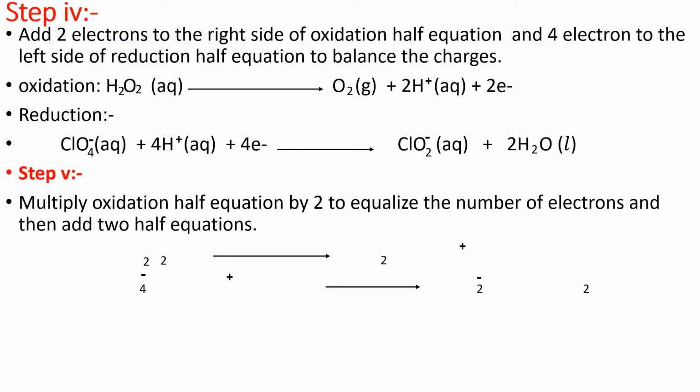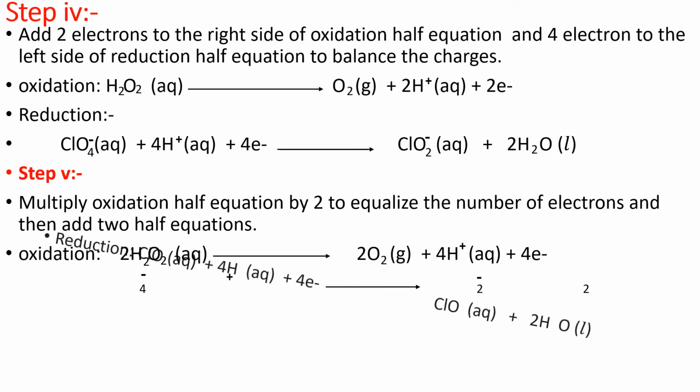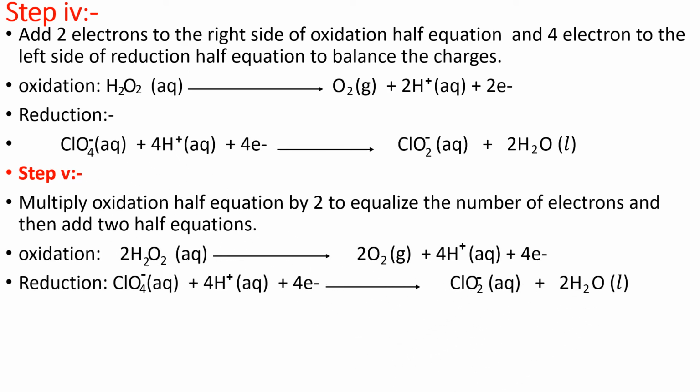Okay, then step number 5. Multiply the oxidation half equation by 2 to equalize the number of electrons, and then add the two half equations. Multiply the oxidation half equation by 2, that is, twice H2O2 gives twice O2, and 2 H+ becomes 4 H+, and 2 electrons becomes 4 electrons.